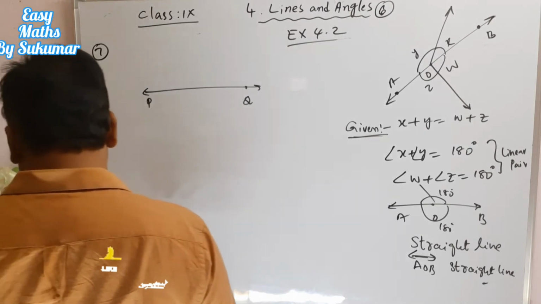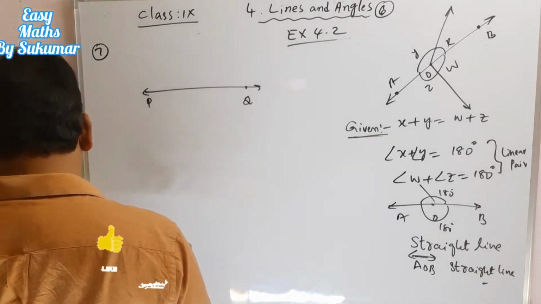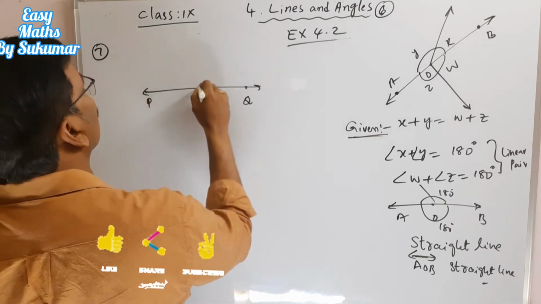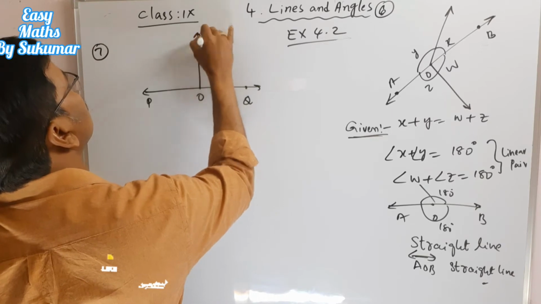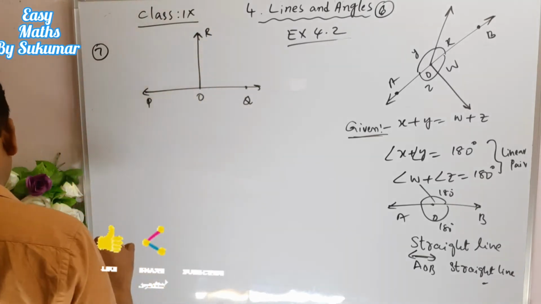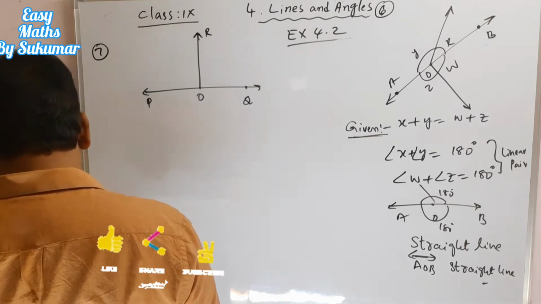Ray OR is perpendicular to PQ. OS is another line between OP and OR.